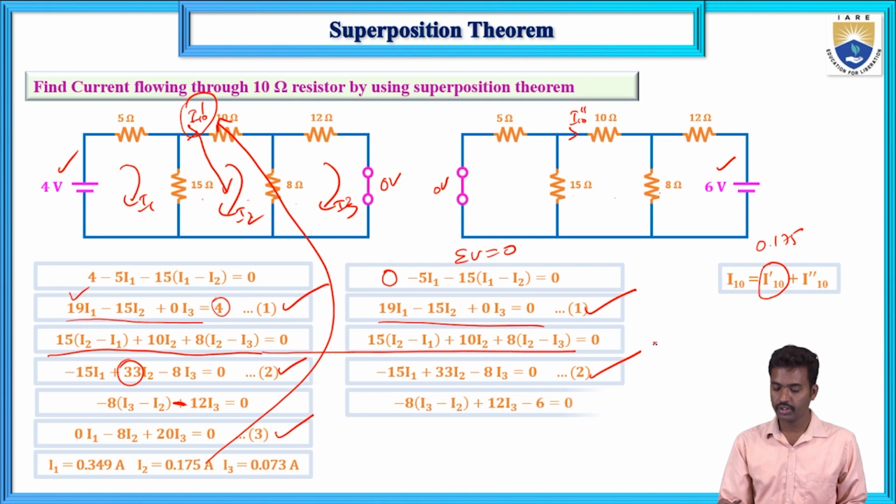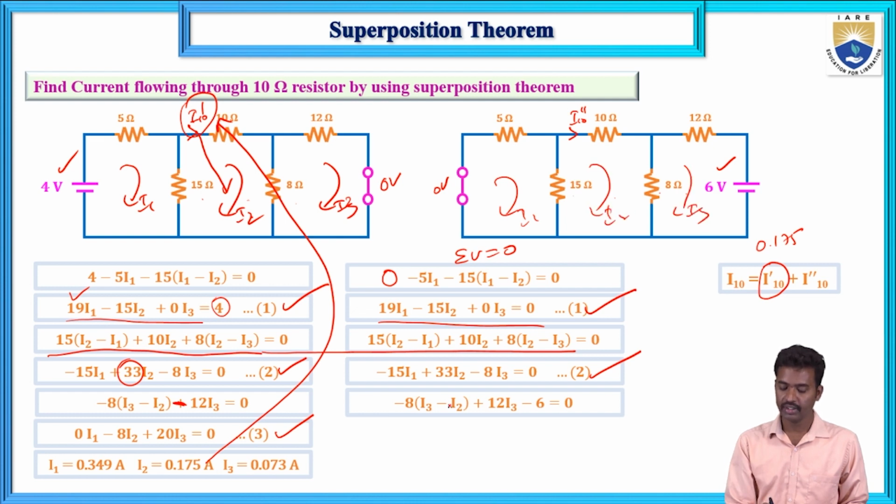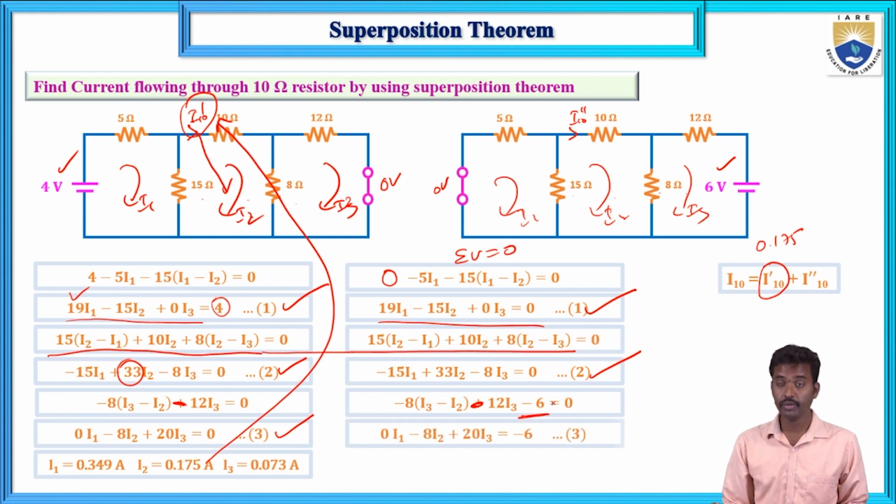Next, the third mesh equation: 8 I3 minus I2 and I3 minus I2, that is minus 12 I3, this is also minus, and this is plus to minus, that means minus. Now what would be the third equation? 0 I1 minus 8 I2, and 20 I3 equals minus 6.